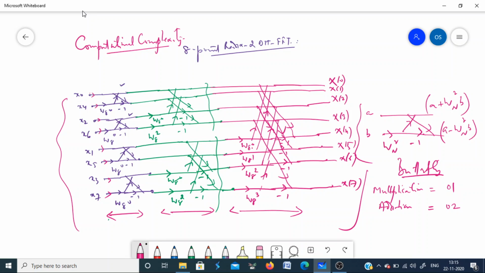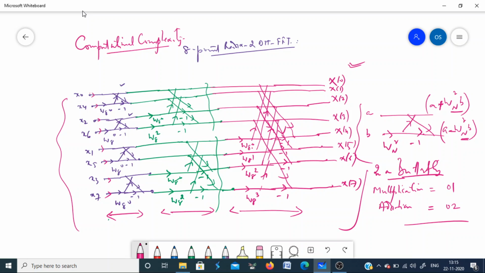because your b is multiplied with w_N to the power r only once. Only one multiplication. Additions are 2, one is plus, and this minus I have also taken into addition, so plus here and minus here, 2 additions. So in a single butterfly you have one multiplication and two additions. So you simply compute how many butterflies are used in this entire structure.